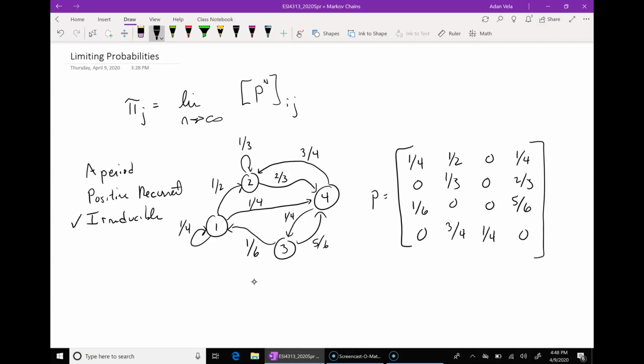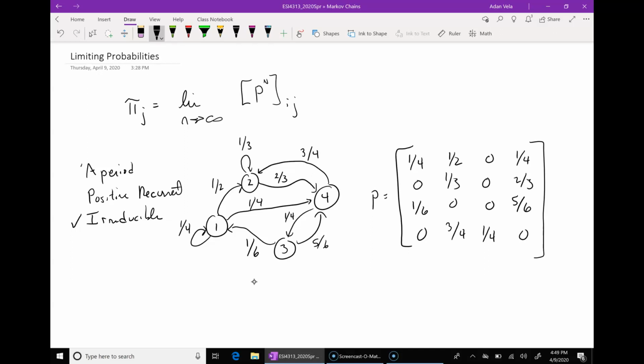It's also aperiodic. You can tell that by the fact that we don't have any 1 on the diagonal, which would be a dead giveaway, and the 1/3 also prevents it. The way we'd want to check it is by taking P to some power.